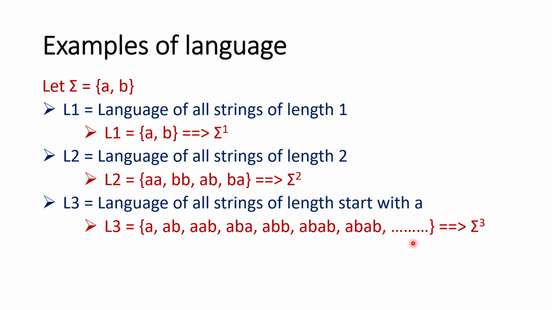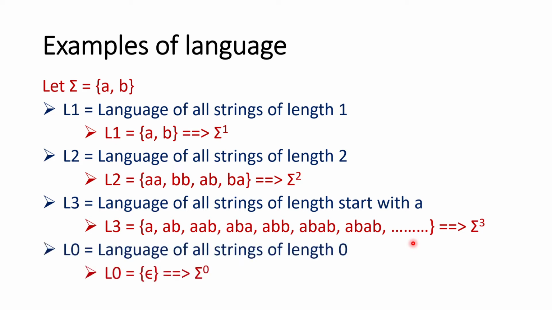Still one interesting language is left, that is what we call L0. I can say that it is the language of all strings of length 0. So naturally the question will come that if the string has length 0, then how can I define it? That is actually what we call the empty string.